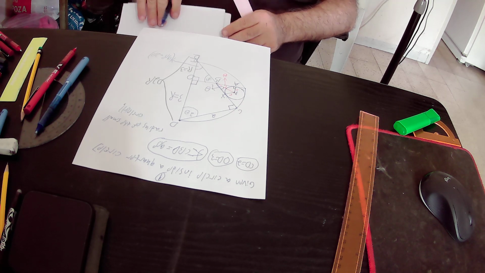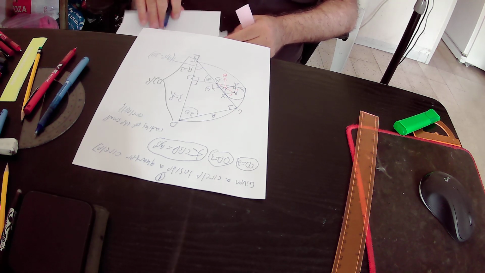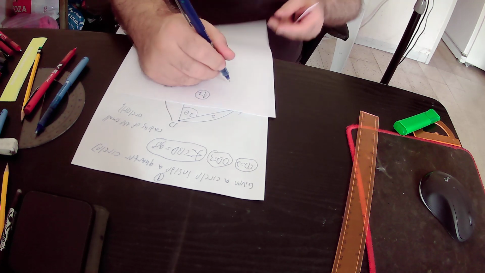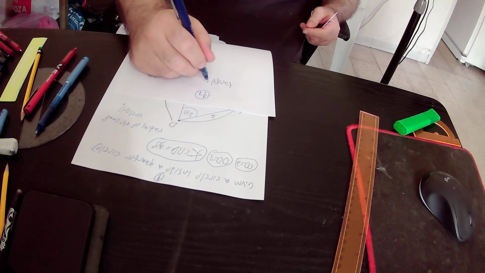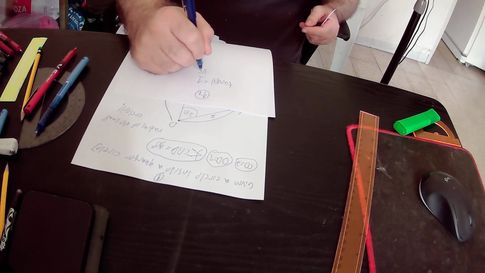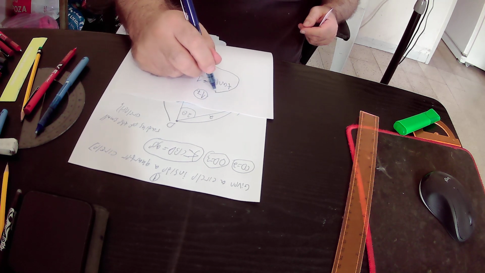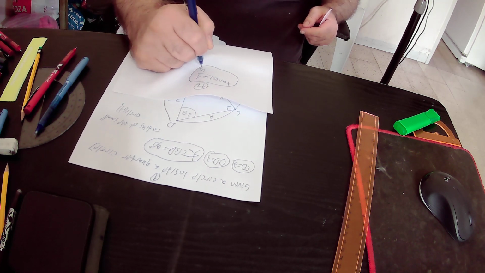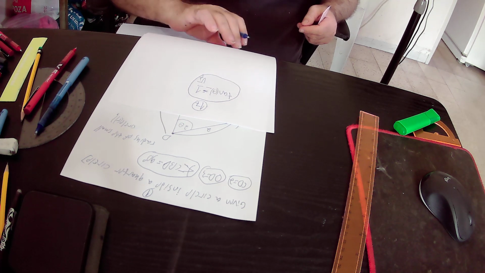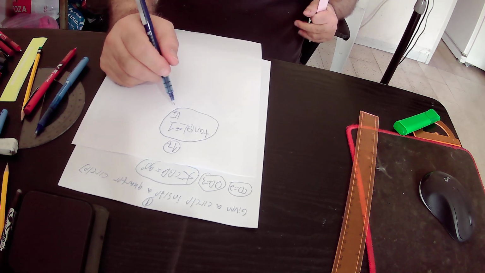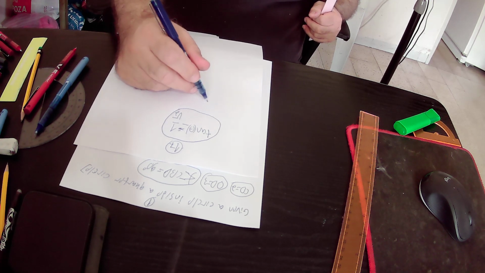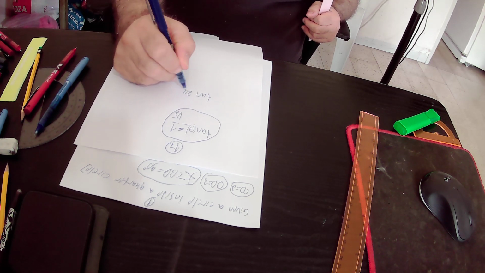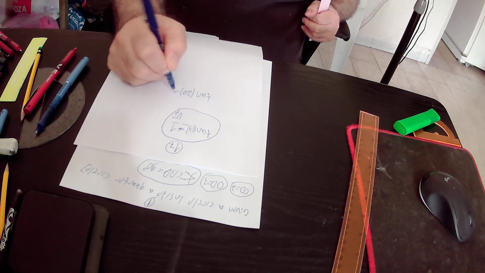And we defined x as tangent theta. So we found that tangent theta equals 1 over root 2. And we have already found that tangent 2 theta equals 2 times root 2.